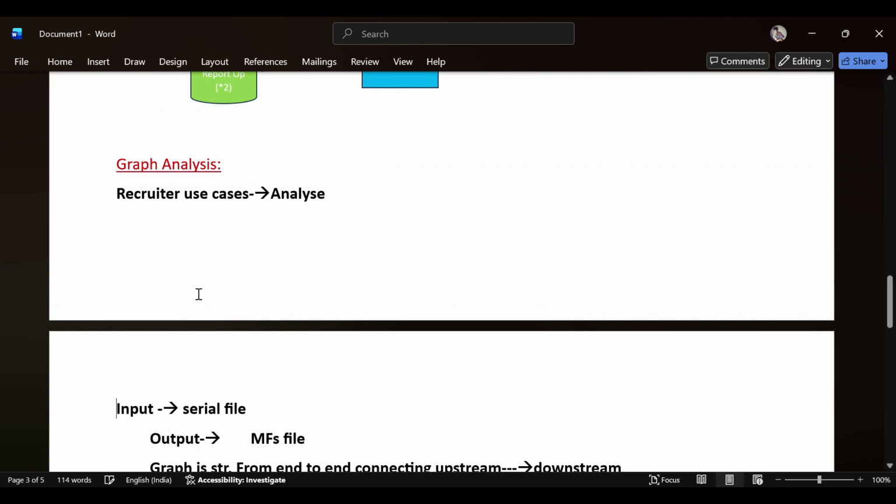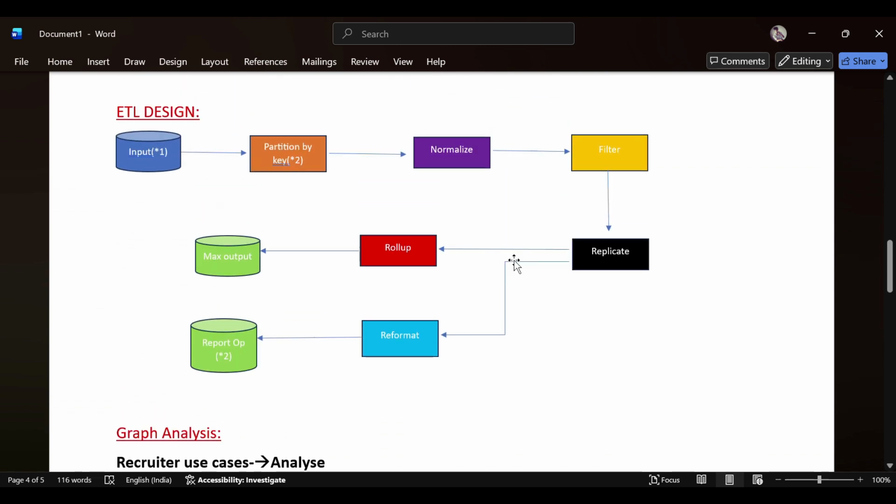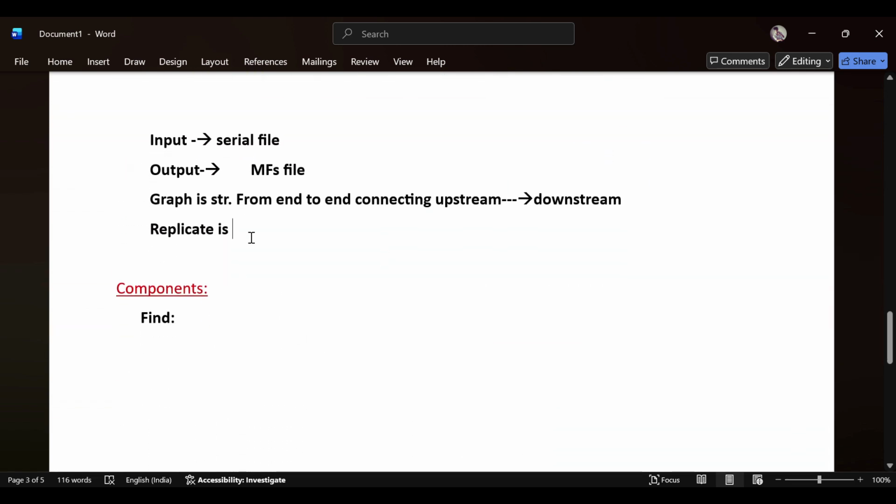We are decoding these things because it will be helpful when you find out the type of parallelism. So note down replicate: it takes the data, and the replicate is happening after the filter.